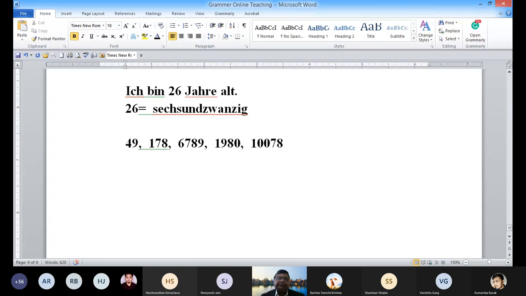How will you read 49? Can somebody read it? Yeah, so we have to read 9 first. As I told, the right side, 9 and 40. It will be neun und vierzig. So 9 is neun, und means and, 40.